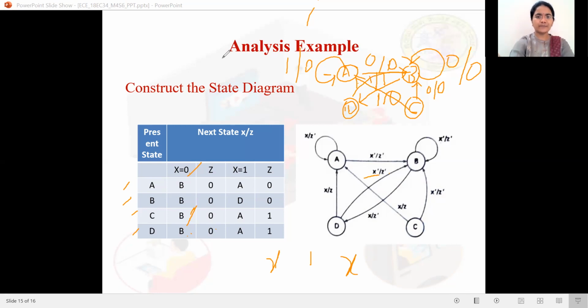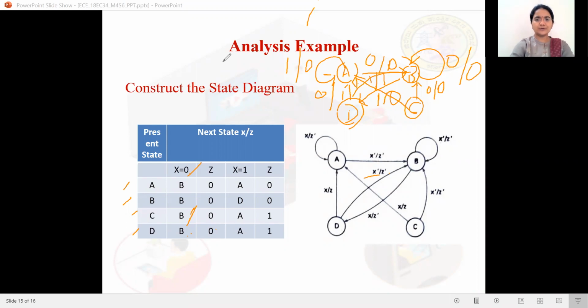Next, when it is in state D and x is equal to 1, it goes to state A, and the output is 1.